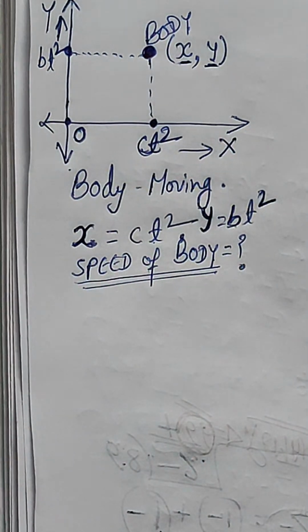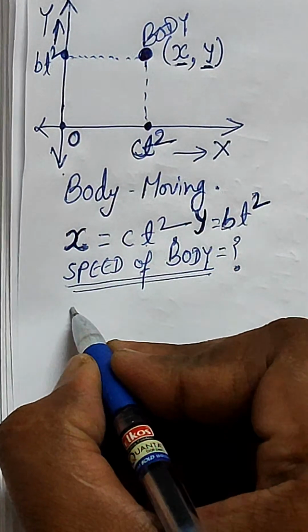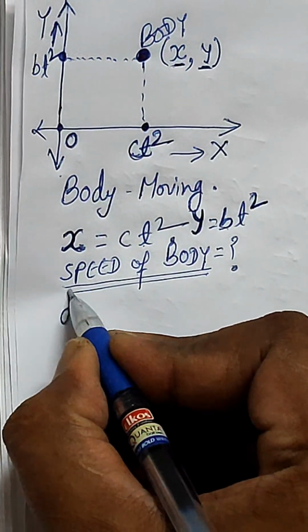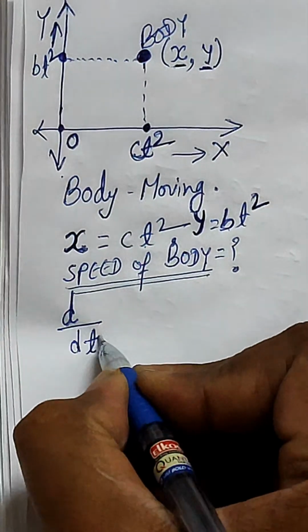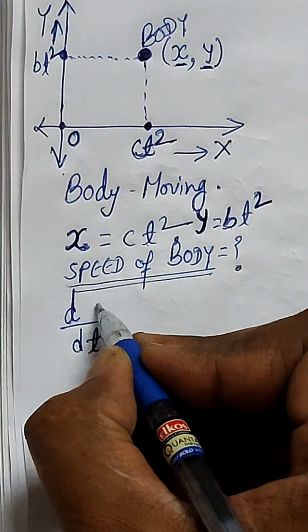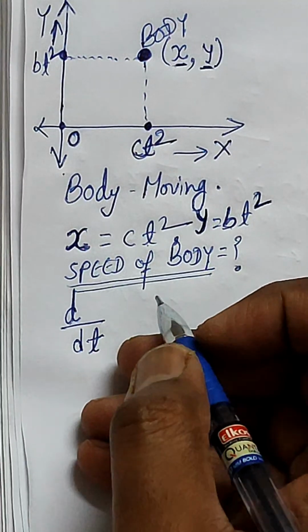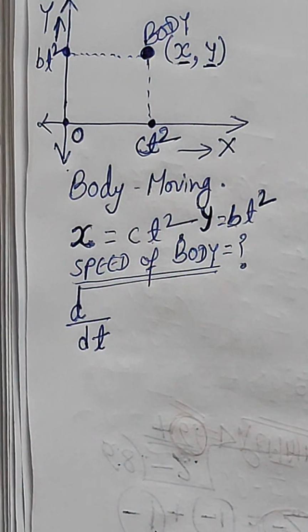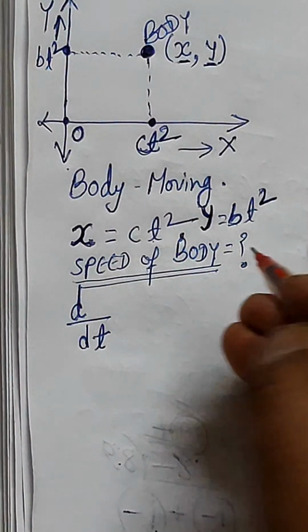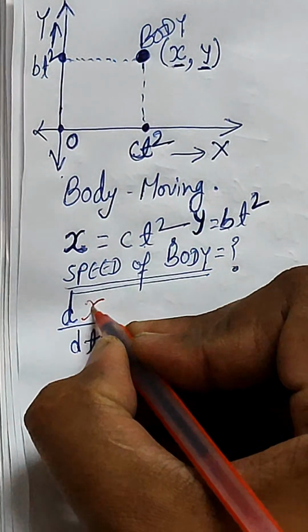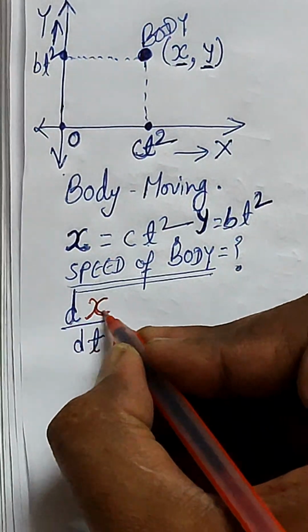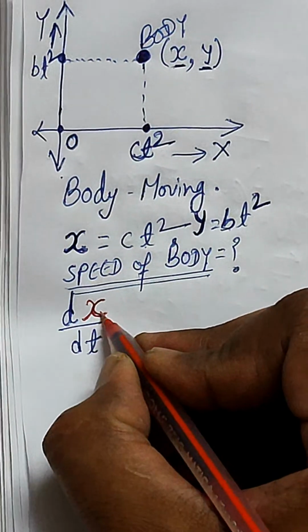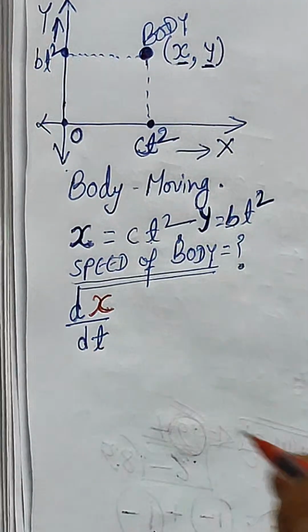Now speed, the x component of the speed will be d by dt of what? X. So let me change the pen so that you can understand very easily. We need to differentiate with respect to t for the x component, right?